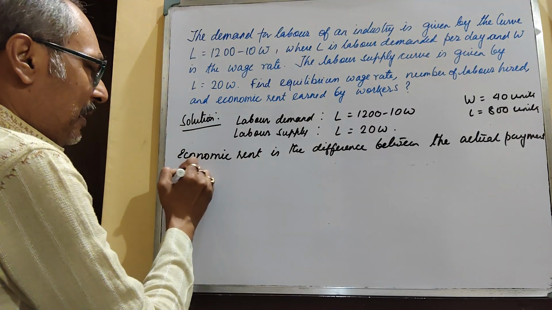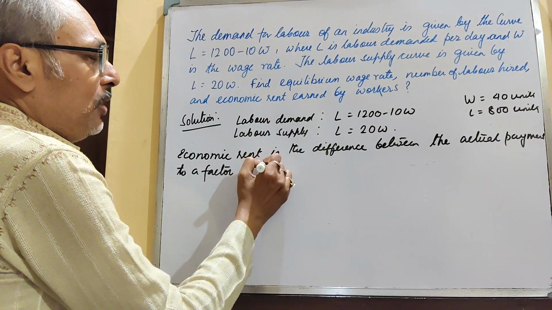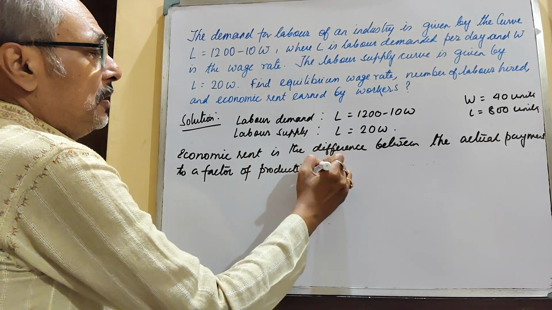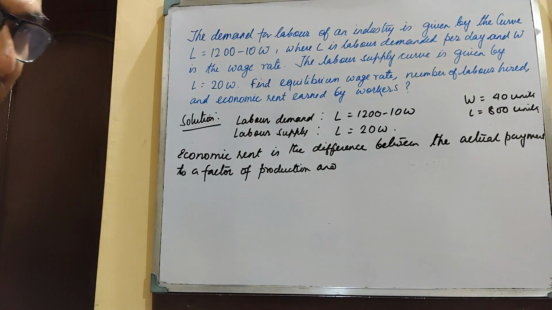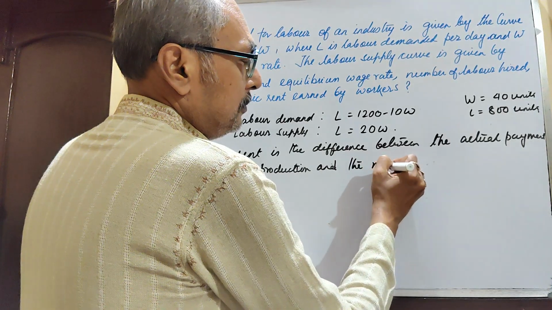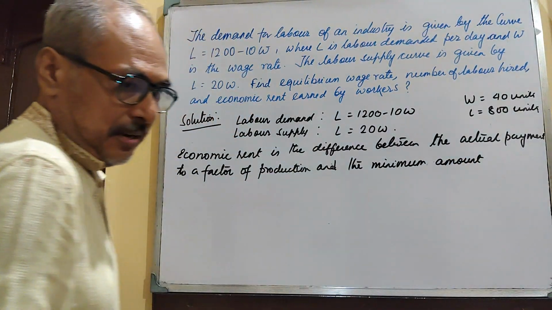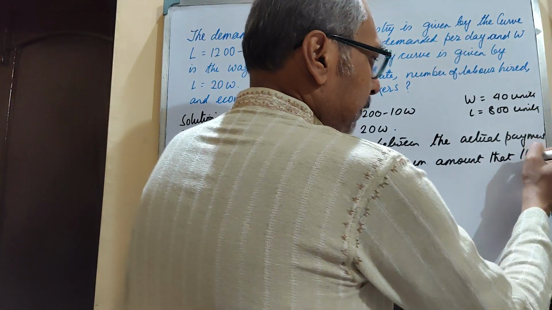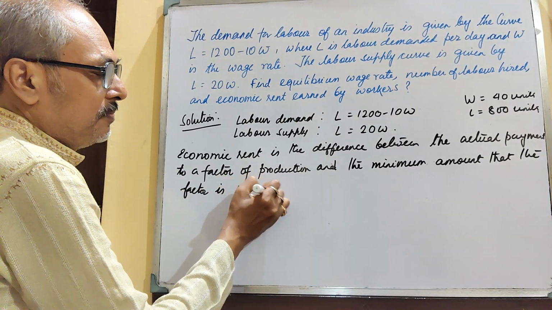Wage is the actual payment to a factor of production. Factor of production here is labor.